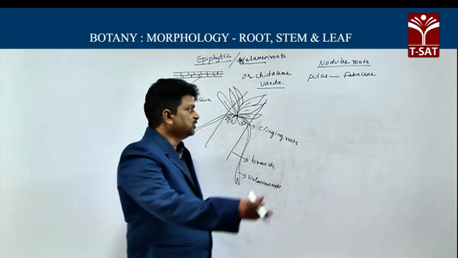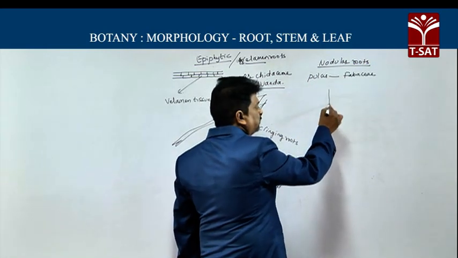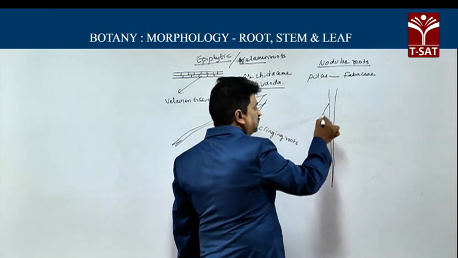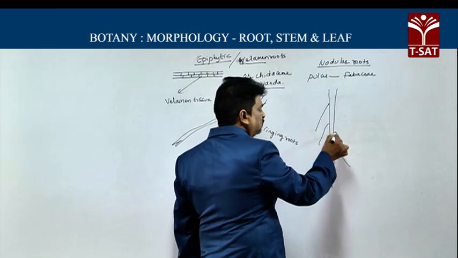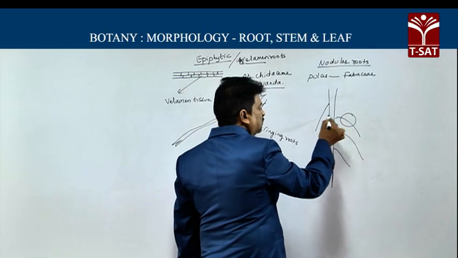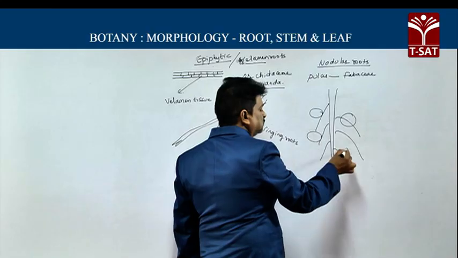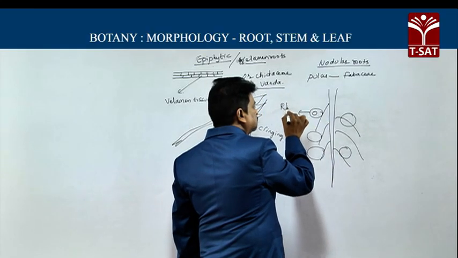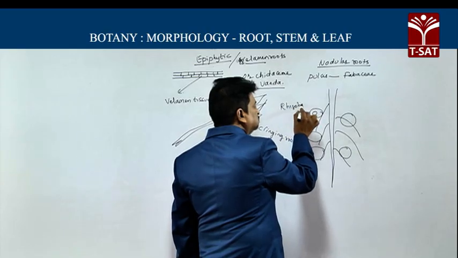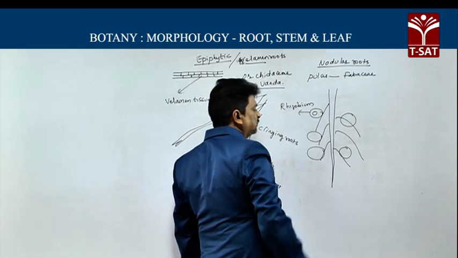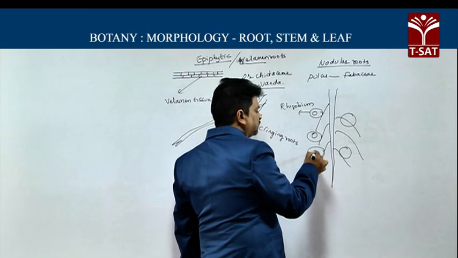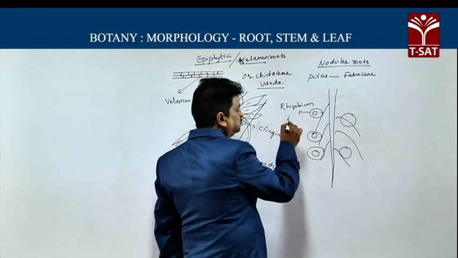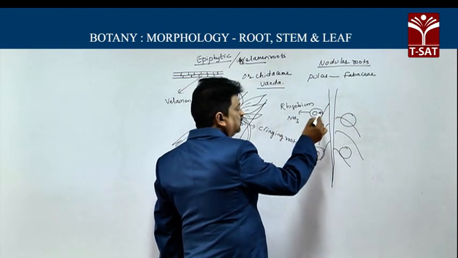Here nodular roots means this, it is a taproot modification. These taproots produce small outgrowths. These small outgrowths are called nodules. Inside the nodule, Rhizobium bacterium is present. This Rhizobium has nitrogenase enzyme. This nitrogenase can fix that atmospheric nitrogen in the form of ammonia.